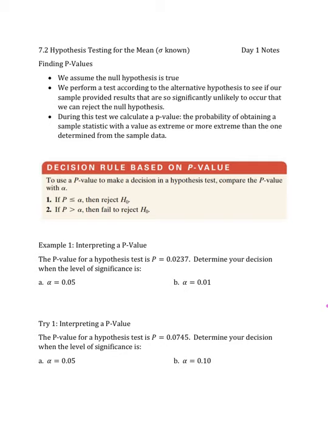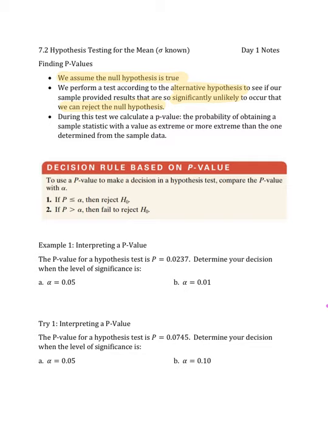We're going to first assume that the null hypothesis is true. Okay, so we're going to make the assumption that the null hypothesis is true. We perform a test according to the alternative hypothesis to see if our sample provided results that are so significantly unlikely to occur that we can then reject the null hypothesis.